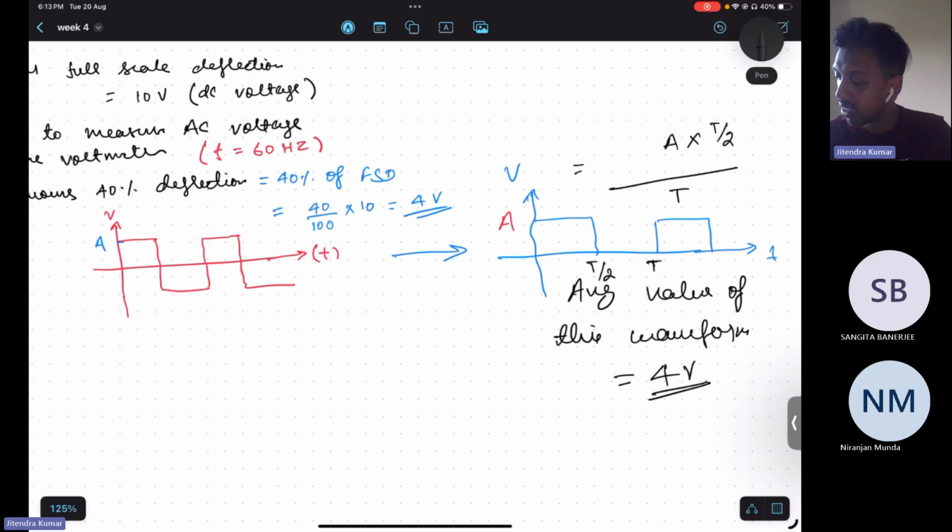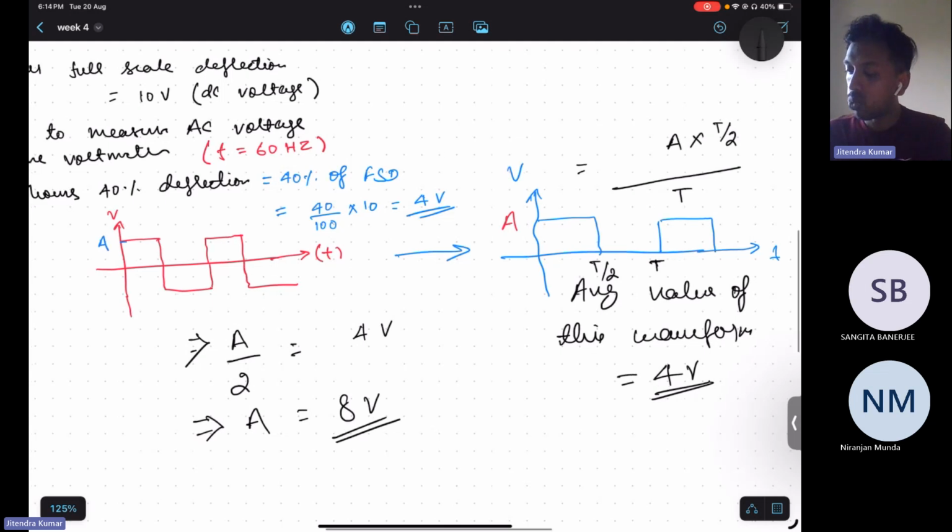It is a rectangle, so the average is area divided by time period. The area is A into T by 2 divided by time period, so it will be A by 2, which is equal to 4 volt. So how much will be the amplitude? It is 8 volts. So 8 volt is the answer for this problem.